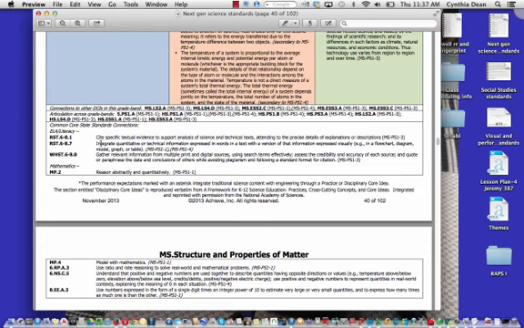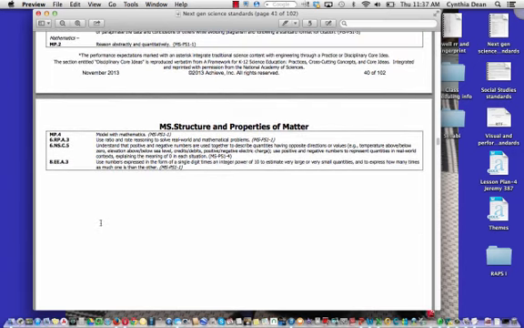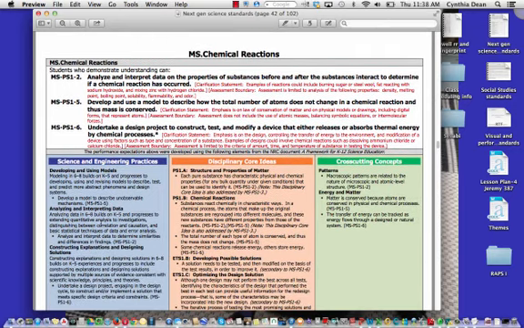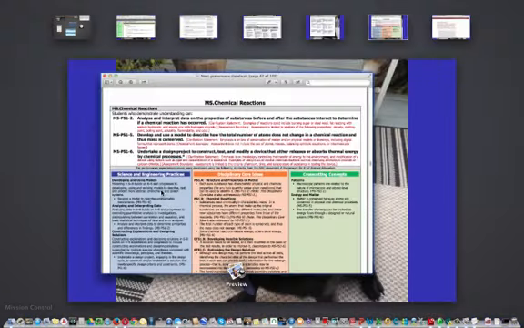So notice here we have cite specific textual evidence. We have gather relevant information from multiple print and digital sources. These are the literacy standards. And we also have the mathematics, okay? So that's it for Next Generation. You're going to want to spend some time with these, again, because there's a lot going on here that you're going to need to pay attention to.